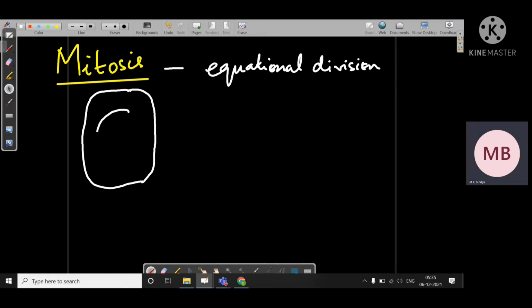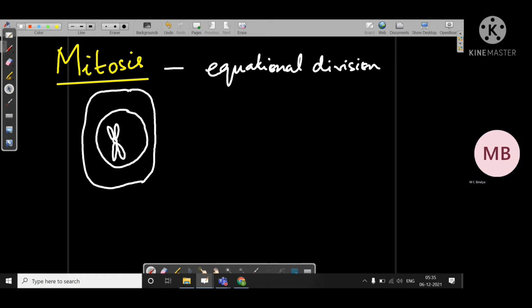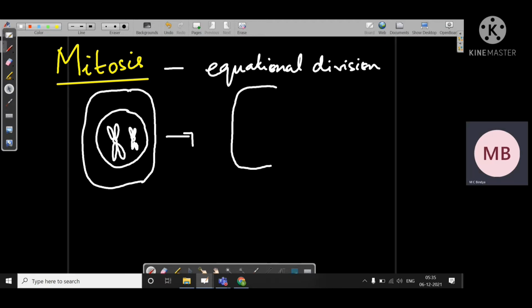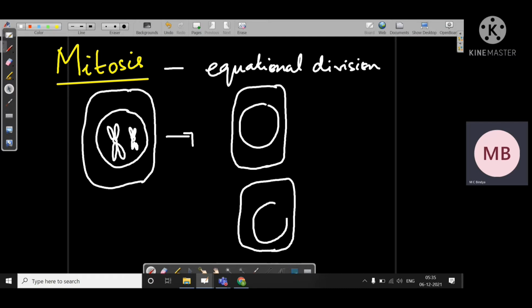Like this is the parent cell, and suppose it has two chromosomes, then after the cell division that results in two daughter cells, each cell is also going to have two chromosomes only. So that's why they are called equational division.